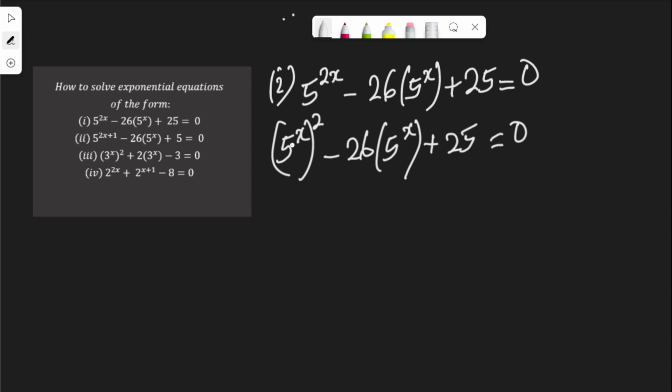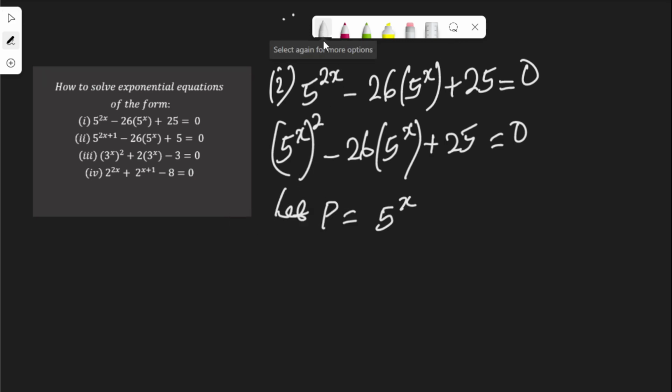Now that we have 5 to the power of x here, we also have it here. We can replace it. Let p be 5 to the power of x. So that when I replace this with p, here now becomes p squared, minus, not equal to, sorry.